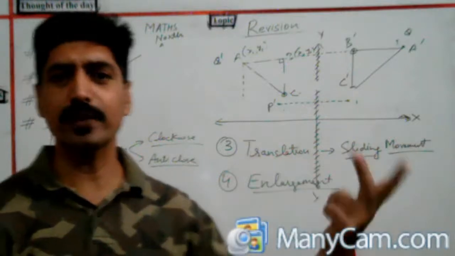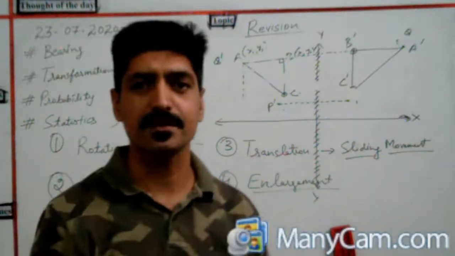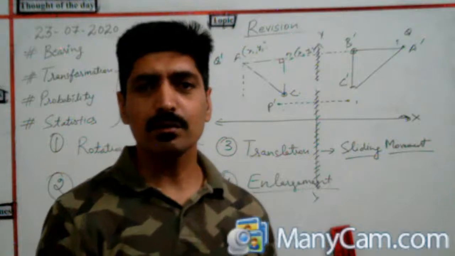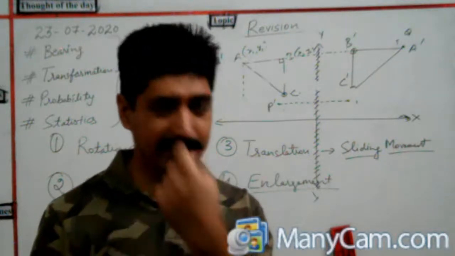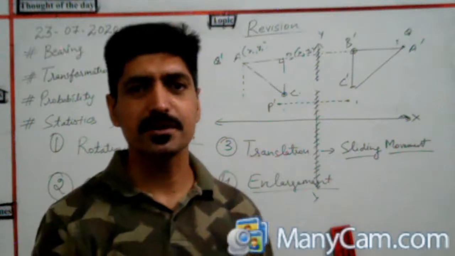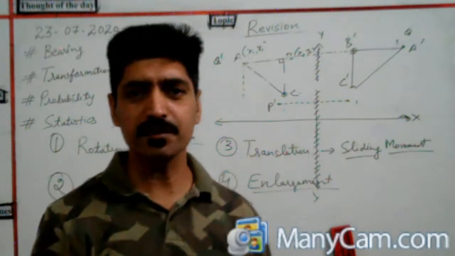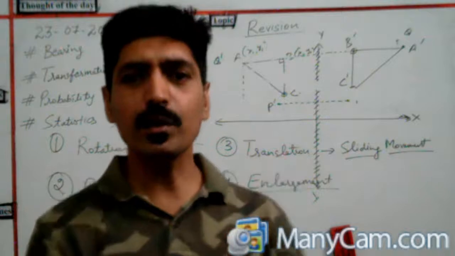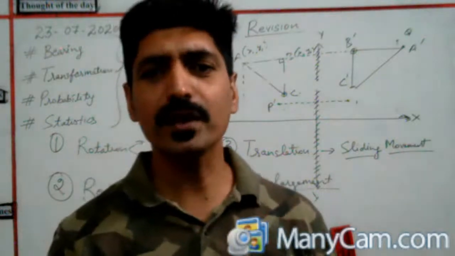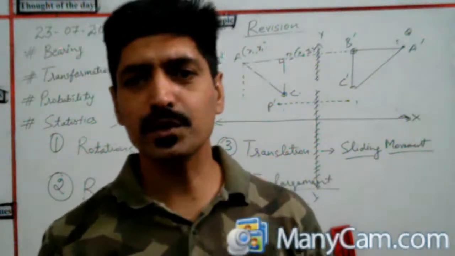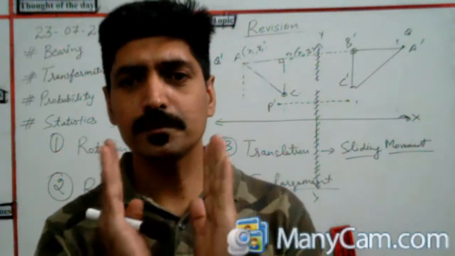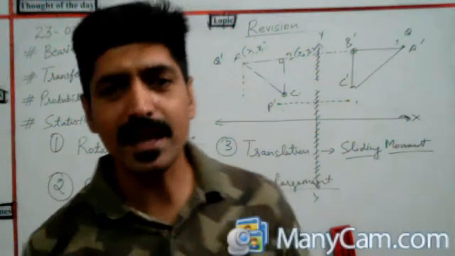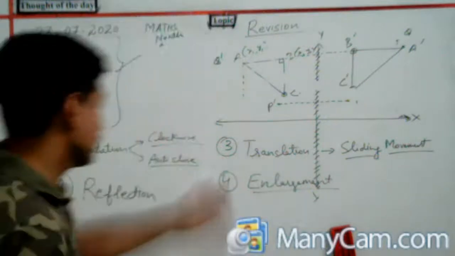Double, triple, 4 times, 10 times, or 100 times, right? So tomorrow I will give you some questions. Get ready, prepare with the concepts of both bearing and transformation. Especially now in your syllabus, these 4 concepts are there: rotation, reflection, enlargement and translation.